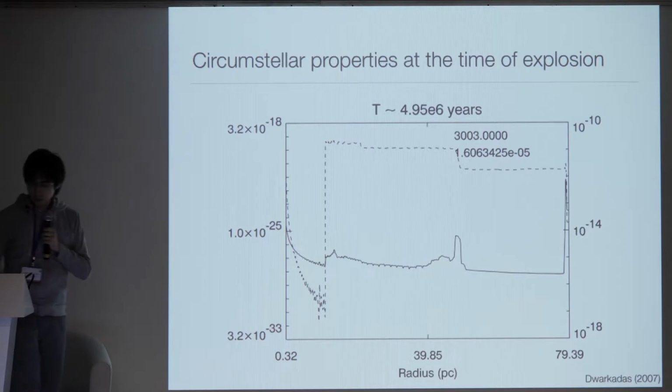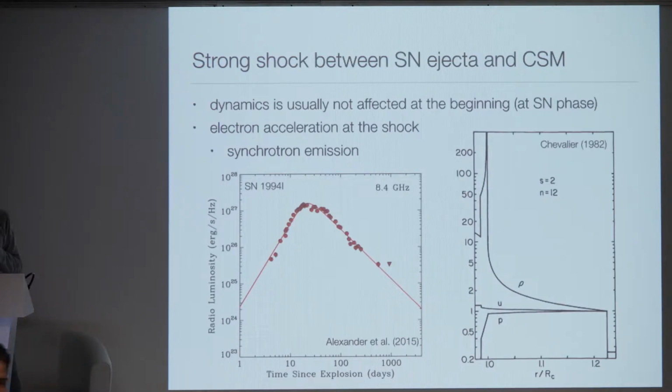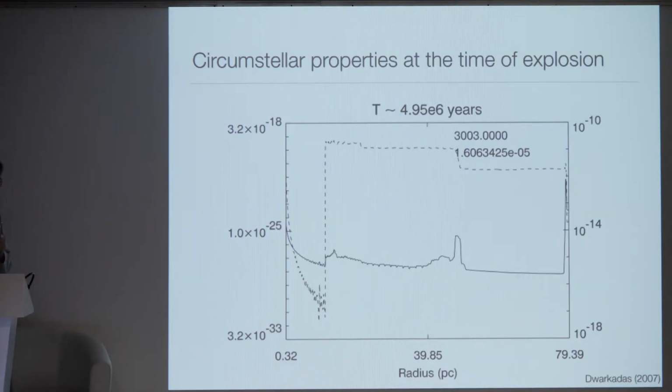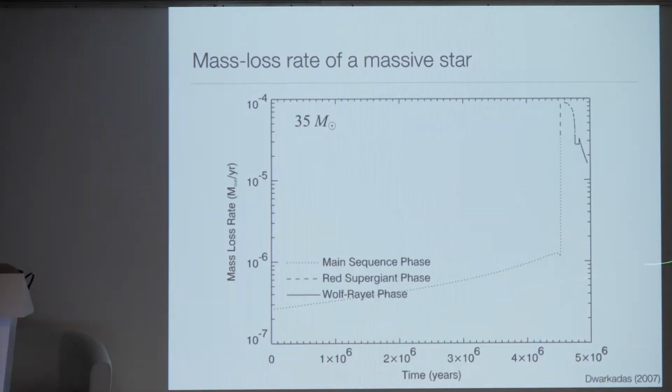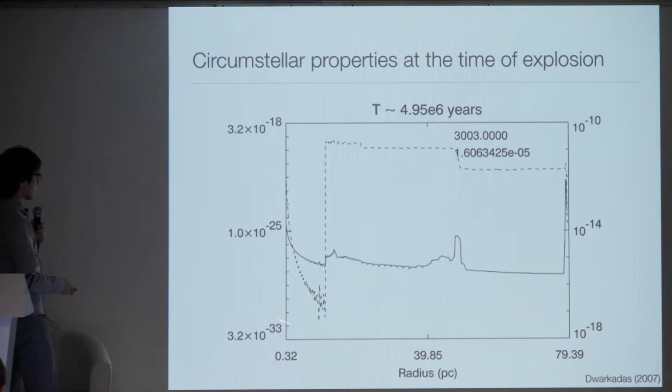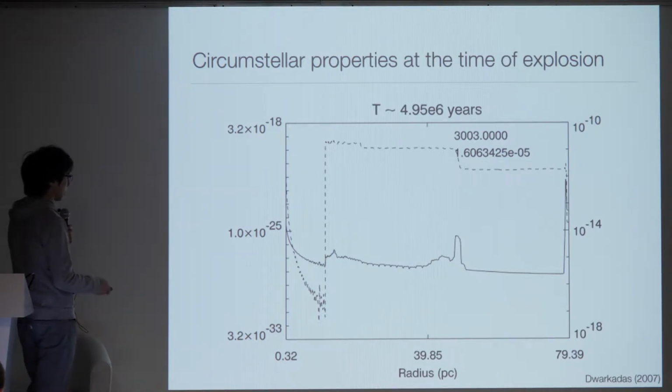Based on this mass loss history predicted by the stellar evolution theory, we can construct the expected density structure surrounding these supernova progenitors, and this is one example at the time of explosion.